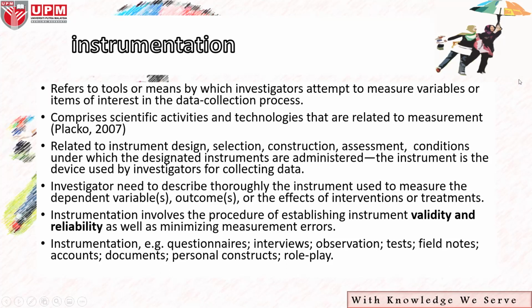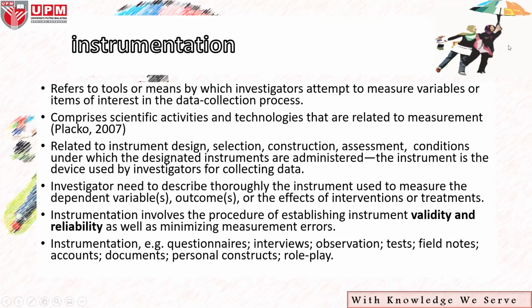After we complete the design stage, then we distribute the questionnaire. How do we administer the questionnaire? The instrument is the device used by investigators for collecting data. Investigators need to describe thoroughly the instrument used to measure the dependent variables, outcomes, or the DV, or the effects of intervention or treatment. Kita kena cerita dengan detail.